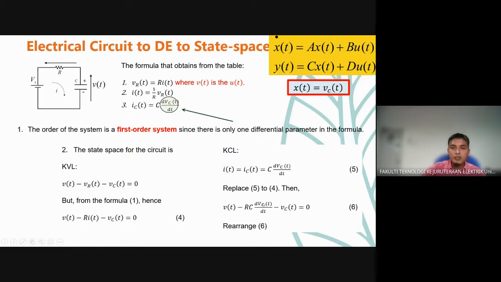So we just need to change the parameters, except that input. The other parameters we must change into the state vector parameters. In this case, our state vector parameter is VCT. So this one is already in VCT, and this one is already in VCT. So complete.